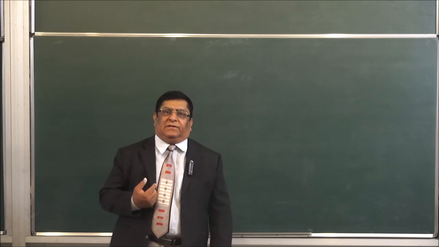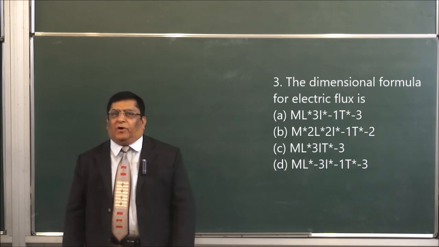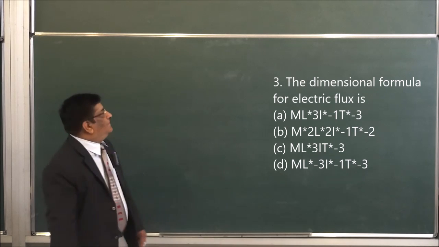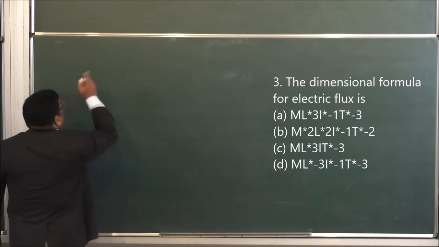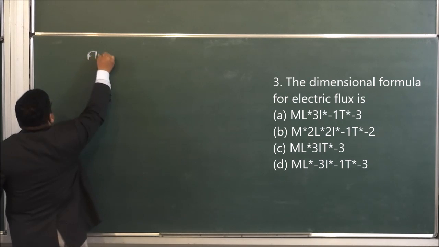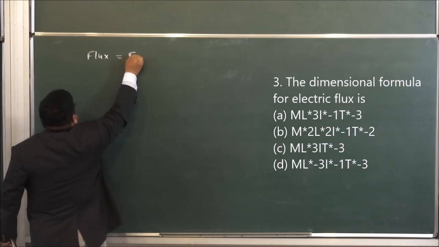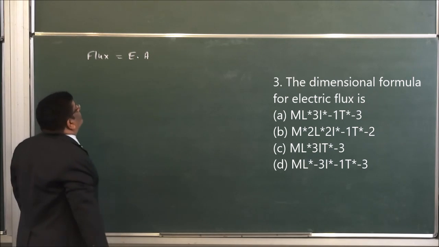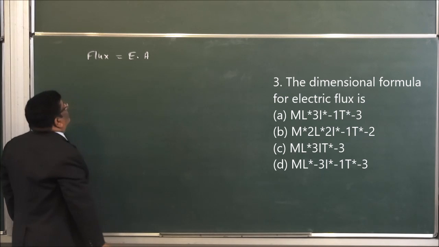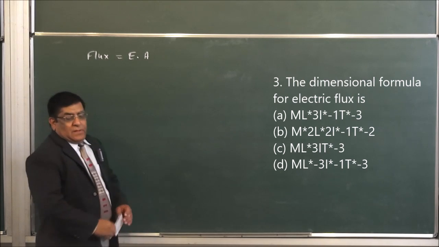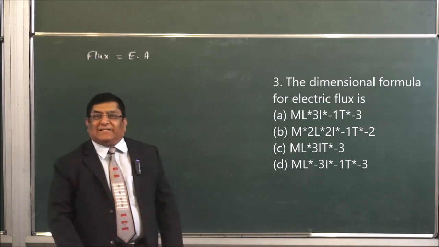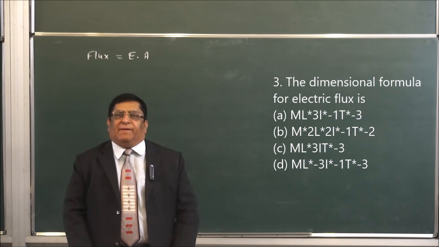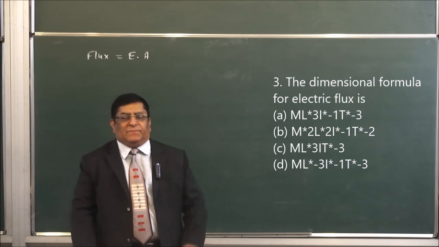Similarly, we have to find here the dimensional formula of electric flux. Now, electric flux. First, we remember that flux is equal to E dot dS, or E into area. It's always better to connect the quantities with force or work because their dimensions are well known to us.